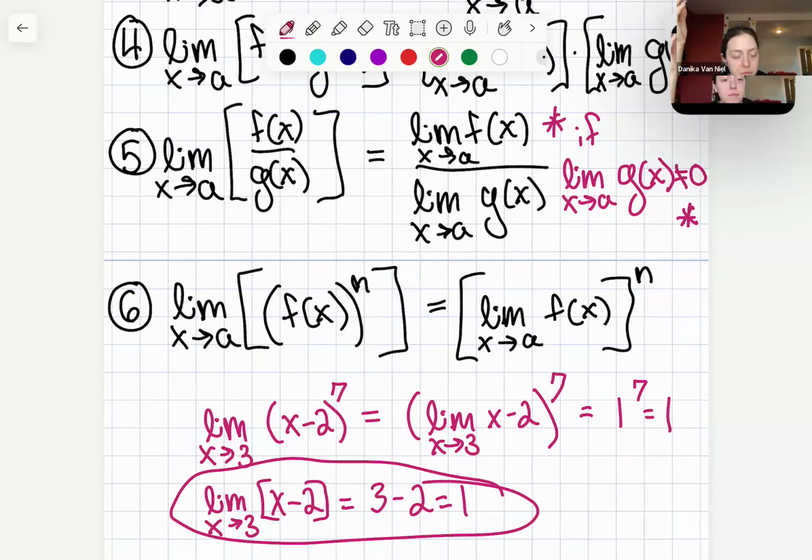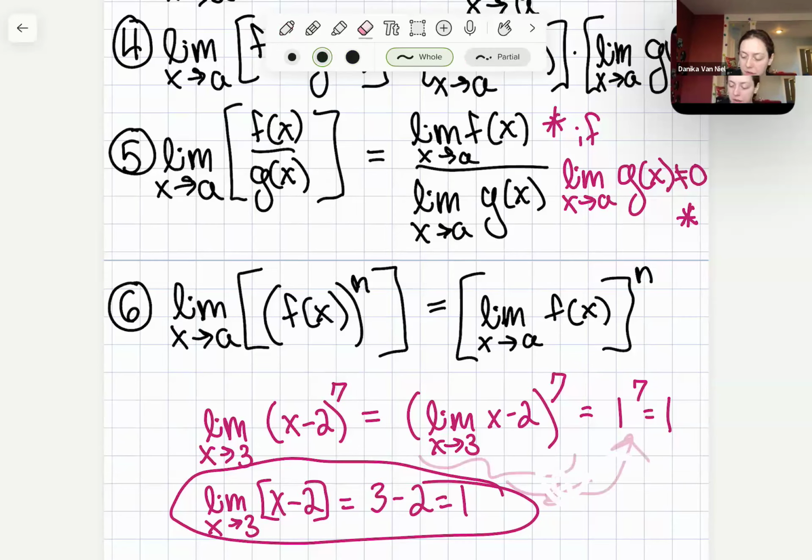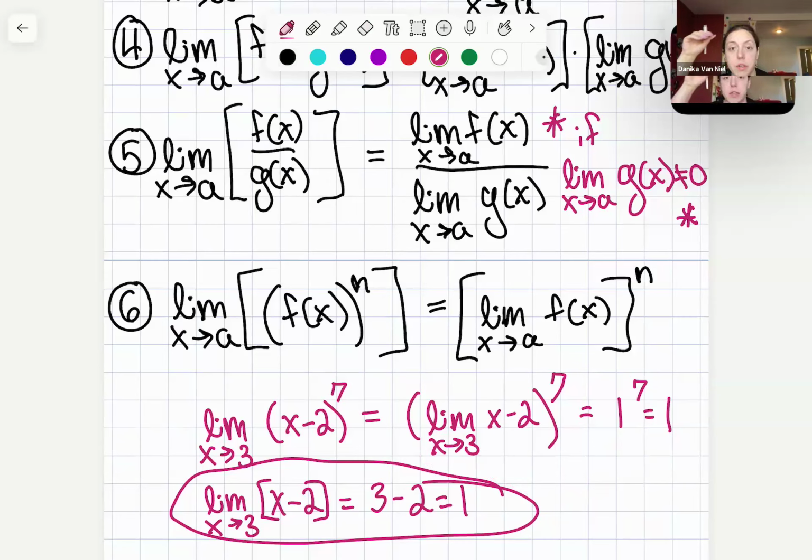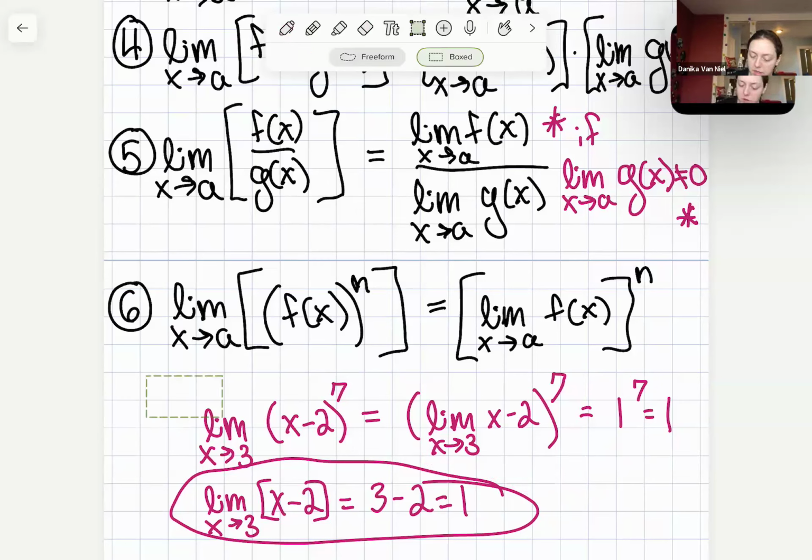But often this isn't even really extra work, because you can skip a lot of work when you're doing the piece by piece up here. Actually, no, they do like you to bring the limit inside. Never mind. They do like you to show that. So definitely for right now, I want you to show that. Especially, you should always be showing it when it's a multiplication or a division that you're splitting over. Okay, so let me delete this.